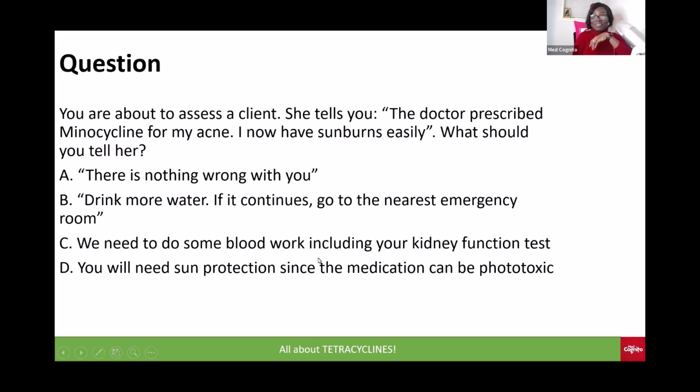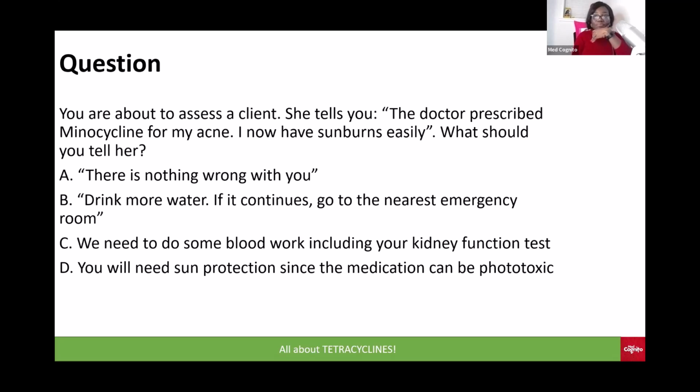Next question. Who will help us with reading, please? You're about to assess a client. She tells you, the doctor prescribed minocycline for my acne. I now get sunburns easily. What should you tell her? A, there is nothing wrong with you.